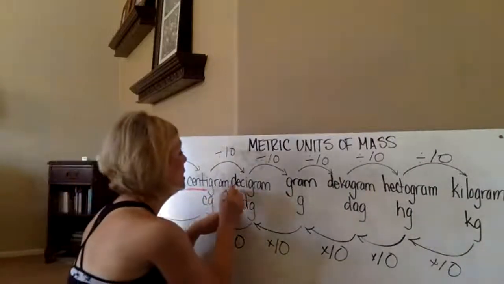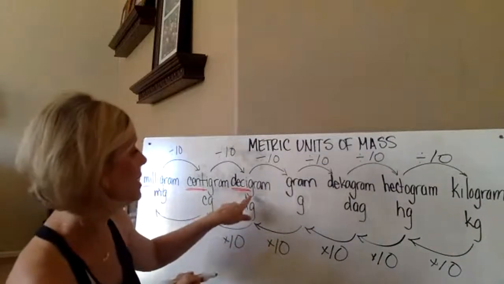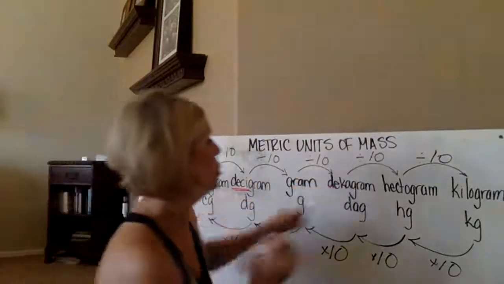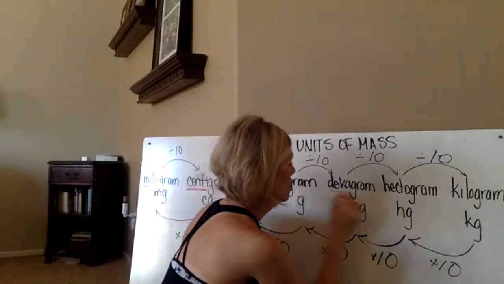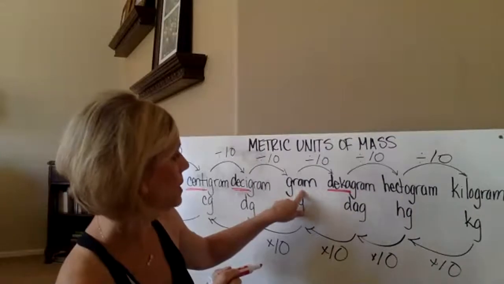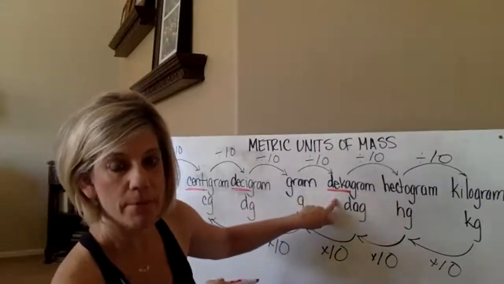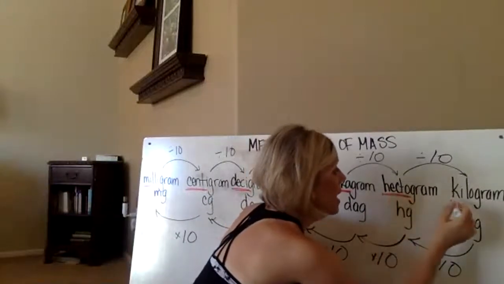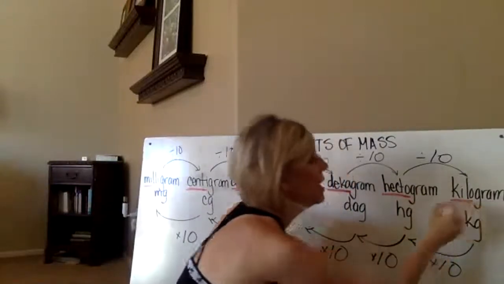Then we go to decigrams. There are 10 decigrams in a gram. Then we go to decagrams. There are 10 grams in a decagram. 10 decagrams make up a hectogram, and 10 hectograms make up a kilogram.